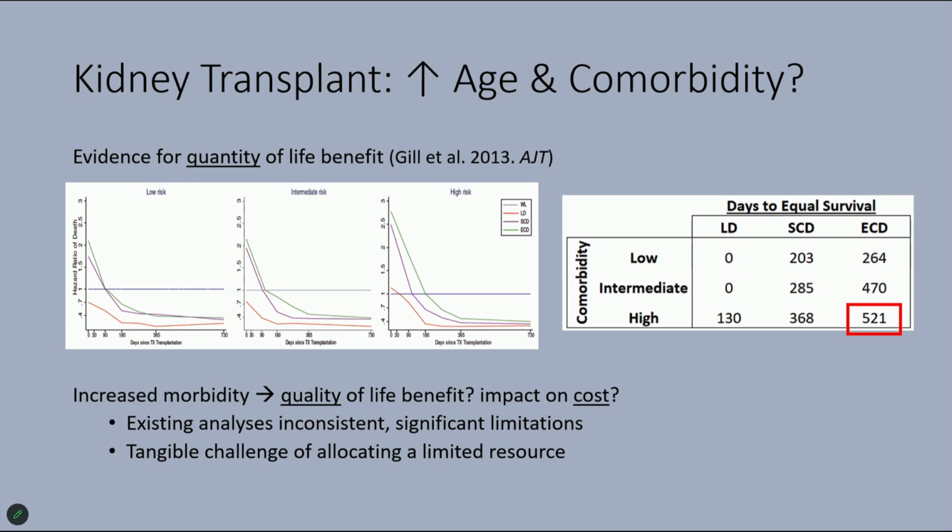However, the impact on quality of life, which could be dampened by the morbidity, and the cost, which is likely increased by the morbidity, are not as well defined. Transplantation in the elderly or comorbid patients likely ends up in that northeast quadrant. It's potentially improved effectiveness, but in most cases, not necessarily cost effectiveness.